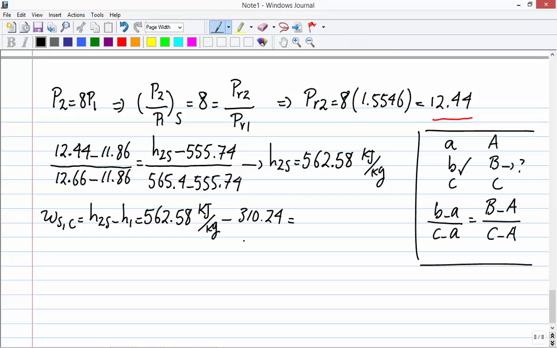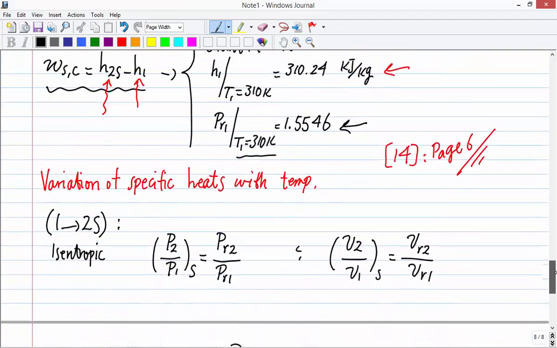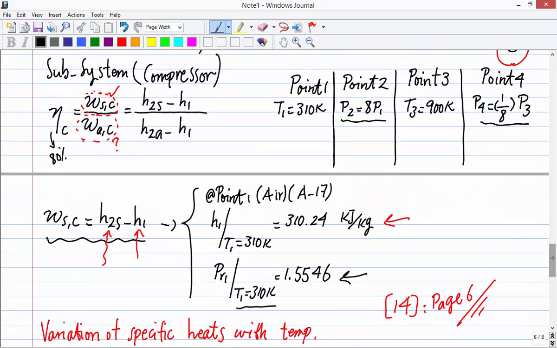So the isentropic work for the compressor is 252.3 kilojoule per kilogram. Now, let me go through what I am doing. We solved for this guy, the isentropic work for the compressor. Now I have the efficiency, so I can find the actual work for the compressor.